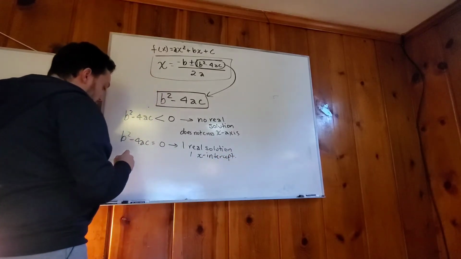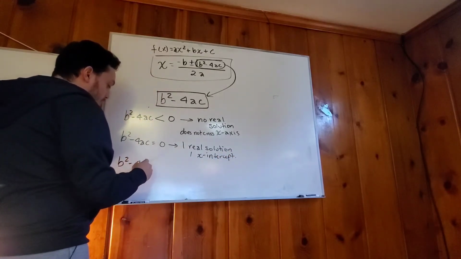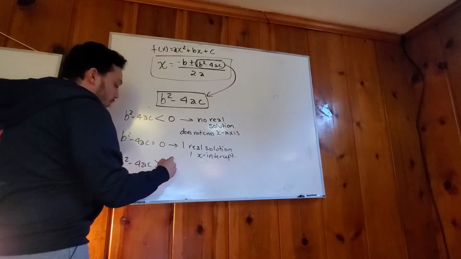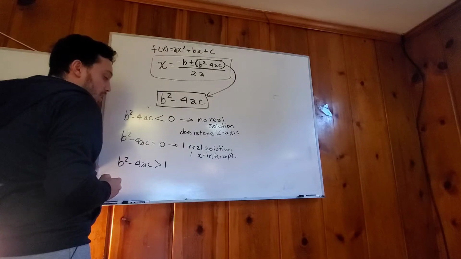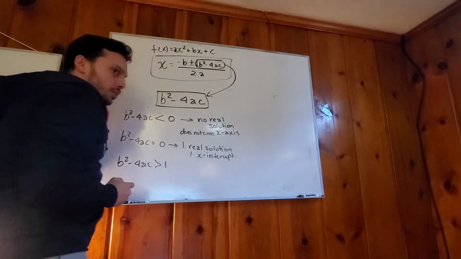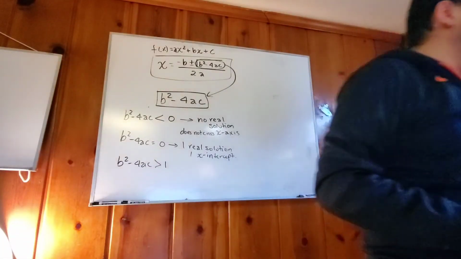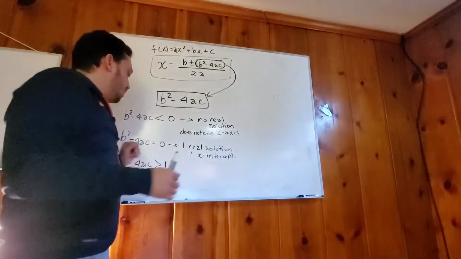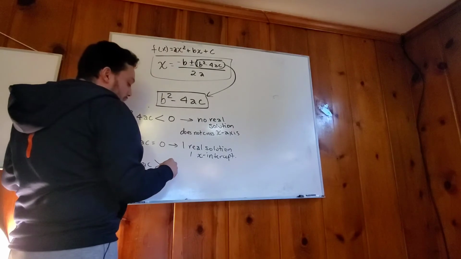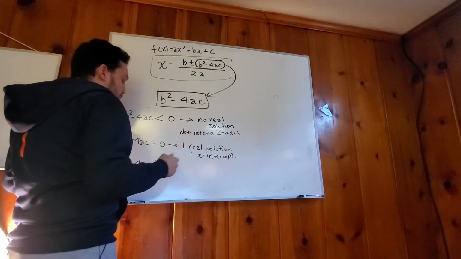Okay? What about this one? b squared minus 4ac is greater than 1. Is it greater than 1 or greater than 0? Greater than 0, sorry. It doesn't matter; it just has to be positive. It doesn't matter if it's positive 0.2.